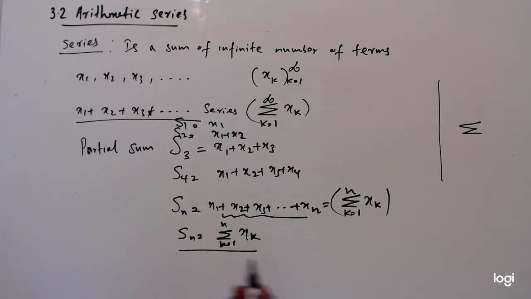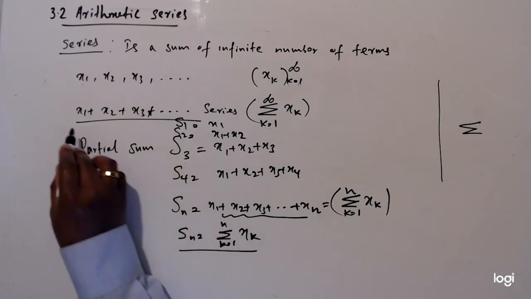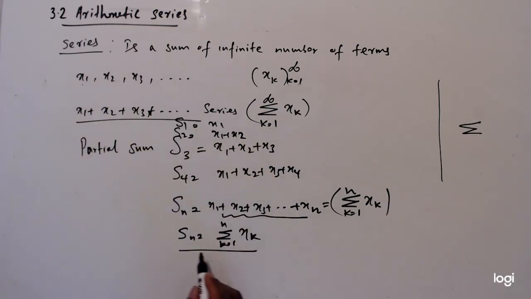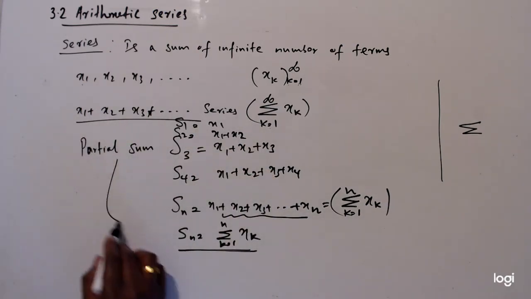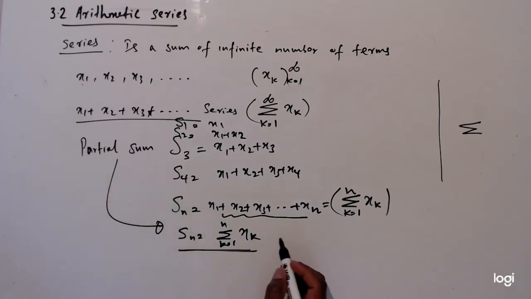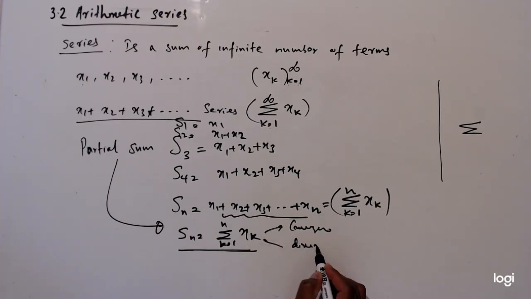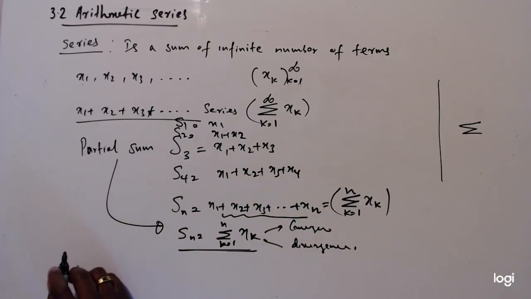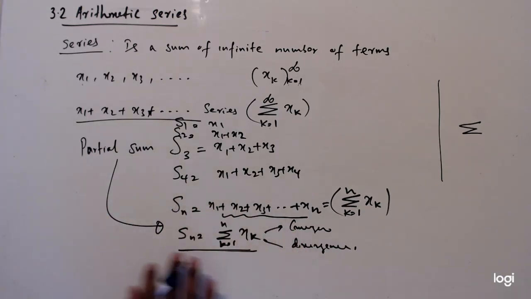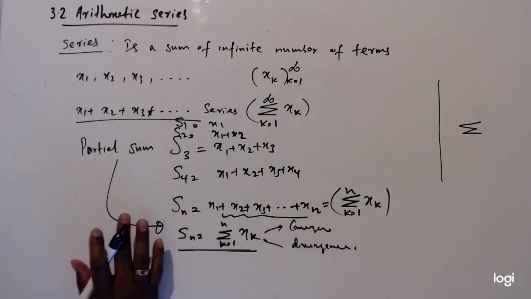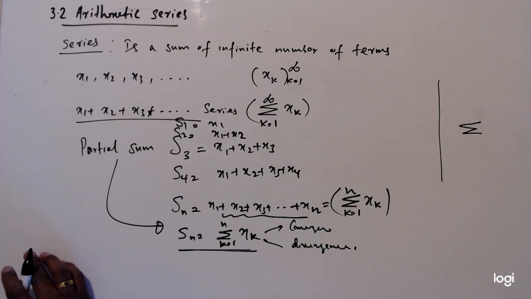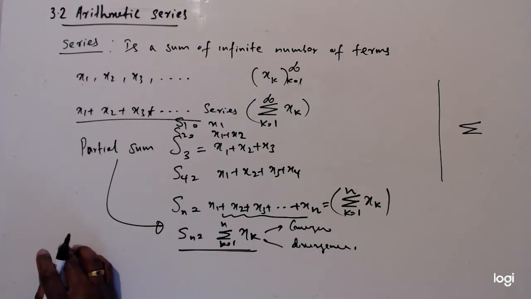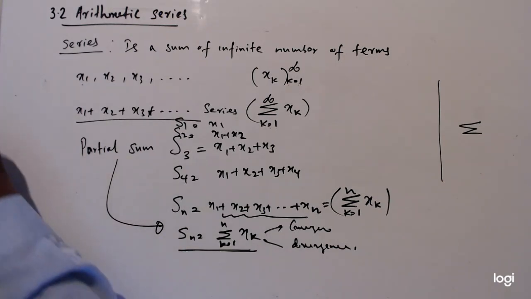This is the full series, and this is the partial sum, and we are interested in this partial sum regarding convergence and divergence. If this is confusing you, you can still leave it, but in the near future you may need to know.